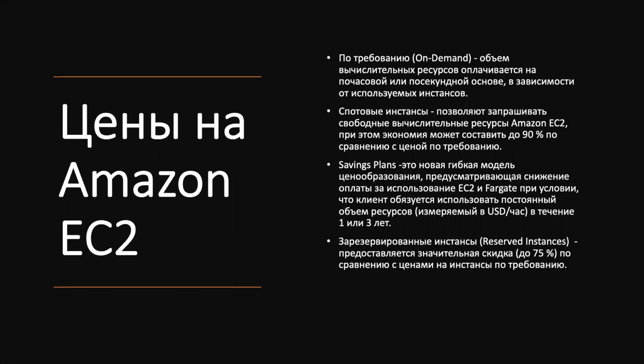In that case, Amazon will prefer to sell the server to those who offer a better price. So from the client perspective, you always have to make sure you are not running production-critical applications on those instances. The way we use it, we always combine on-demand with spot instances.